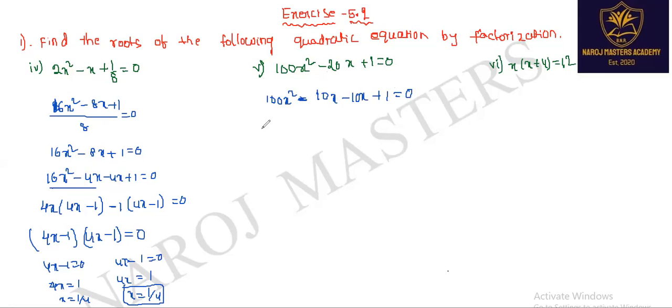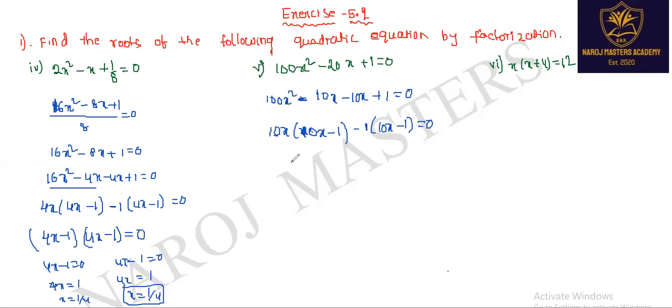Now take 10x common here. 10x into x, 10x is there again. 10x into 10x is 100x square. Minus 1. Now you take minus 1 common here. Minus 1, then 10x minus 1 equal to 0.